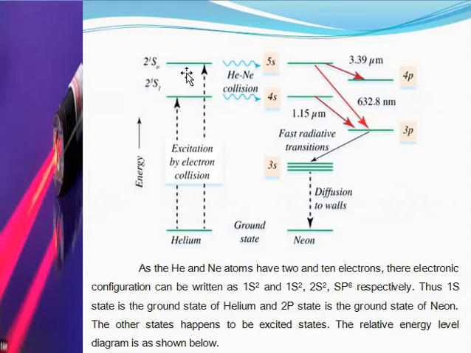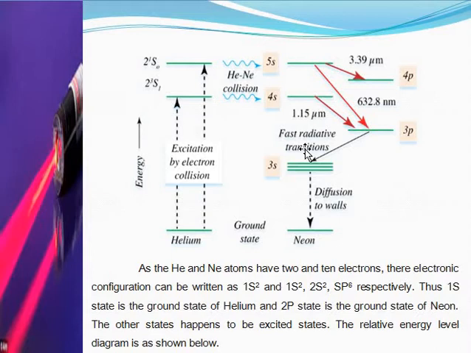Now the helium atoms in the 2s state collide with the 2p state, that is the ground state of the neon atoms. Thereby the neon atoms get excited to the 4s and 5s metastable states. These states have nearly the same energy as that of the 2s state in the helium atom.